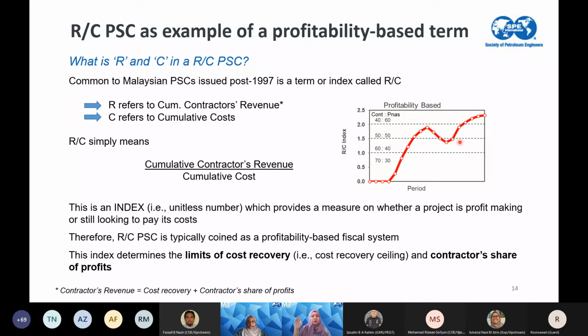So the ROVC will drop, right? The ROVC drops from, in this case, 1.9 or whatever it is to 1.4. So what does this mean? Automatically the contractor now enjoys a larger portion of the profit versus before, right? So this is why it's self-adjusting, sliding scale, profitability-based PSC, okay?